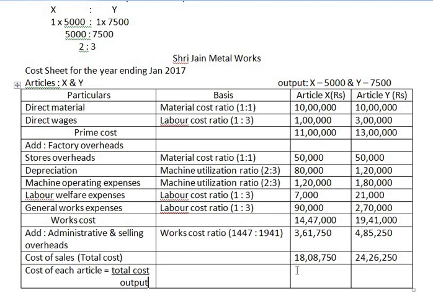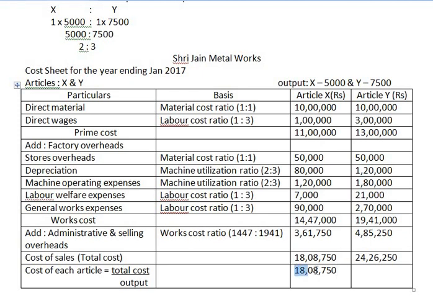Okay, now come here, total cost for article X is 18 lakh 8,750, right? Yes.